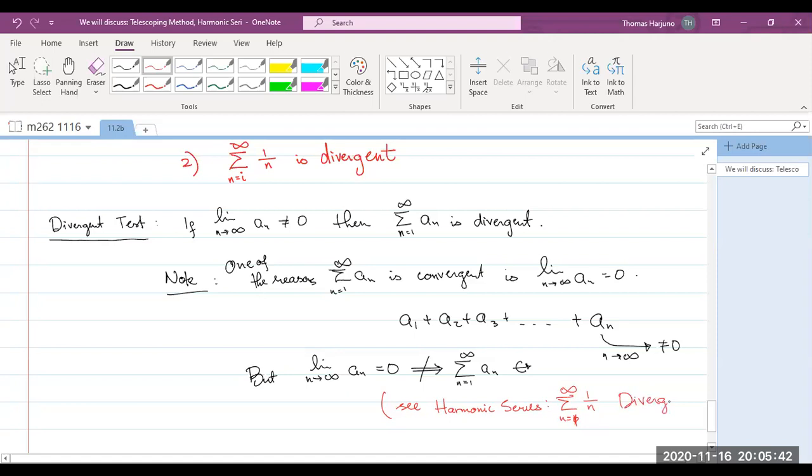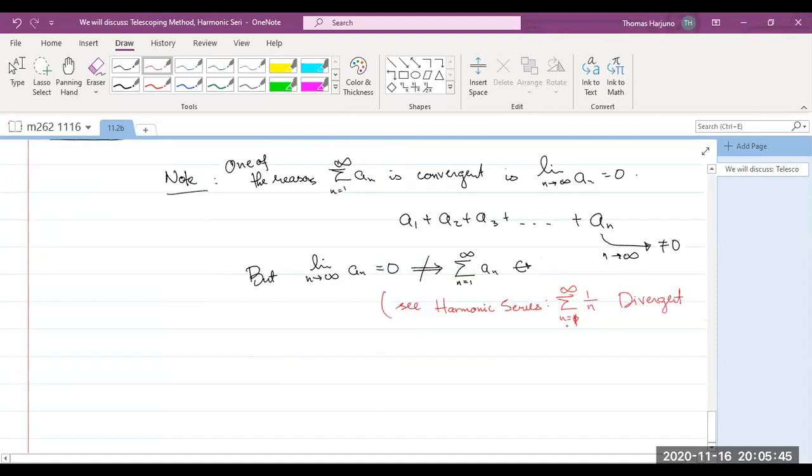You see, the harmonic series is divergent even though the term converges to 0. So simply because the limit of the term goes to 0 doesn't mean it will be convergent. But we know that if the series is convergent, then it must result in the limit of the term being 0.